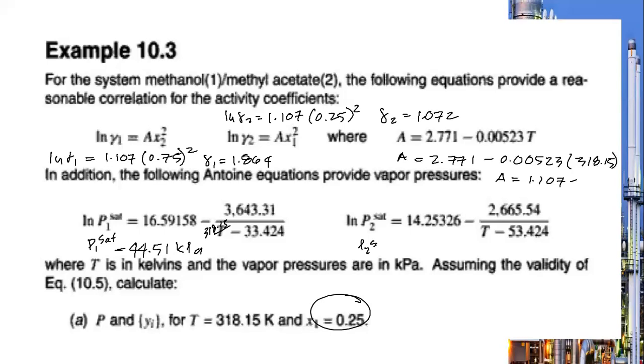Let's calculate P2 sat. Replace this with 318.15. $65.64, ano?